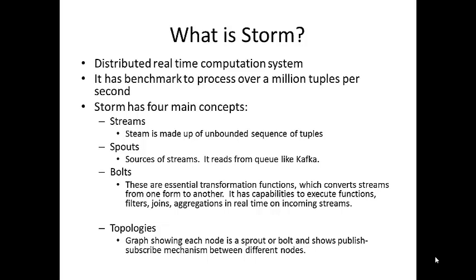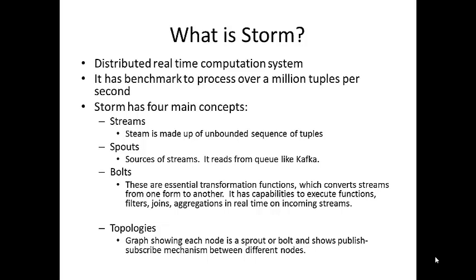And the bolts are what make it interesting. It's like a Unix pipe. I wouldn't say it's a pipe command, but it's like a Unix pipe which lets you transform the data in real time. It can have functions, and you can execute the functions for you. You can do filters of the data, joins, and aggregation of data in real time.